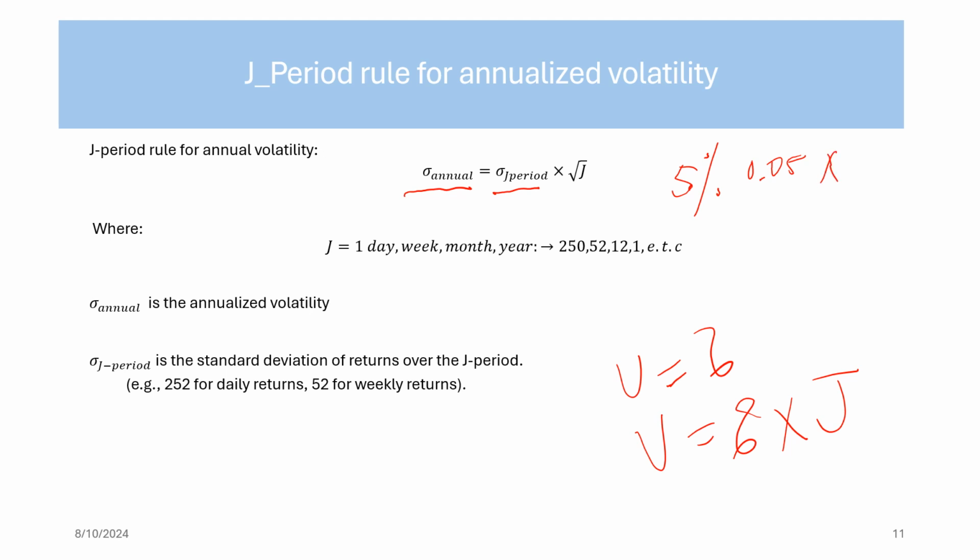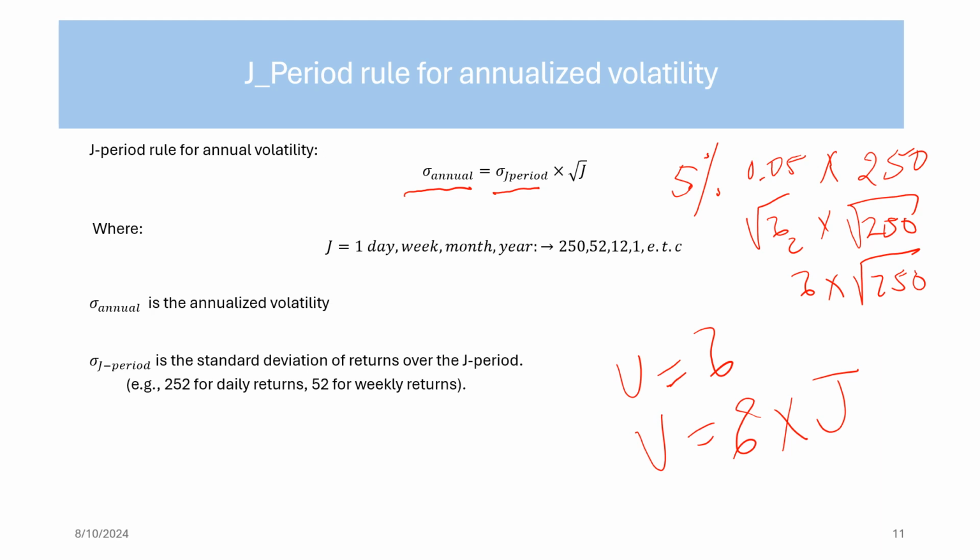If it was our daily data, we need to adjust it by 250 days. But remember that the standard deviation is already a square root of the variance. So we cannot leave time as a square. It means that time must also be put into the standard deviation, so that we are left with the standard deviation multiplied by the square root of the time period, which is 250 days in this case.